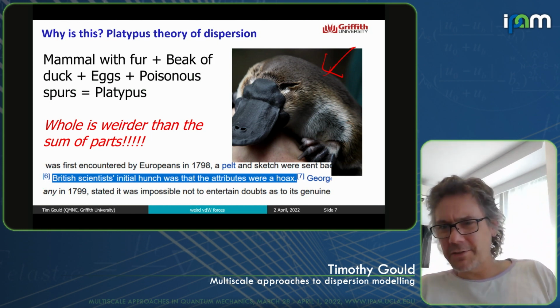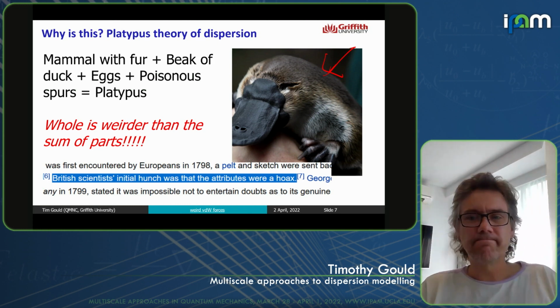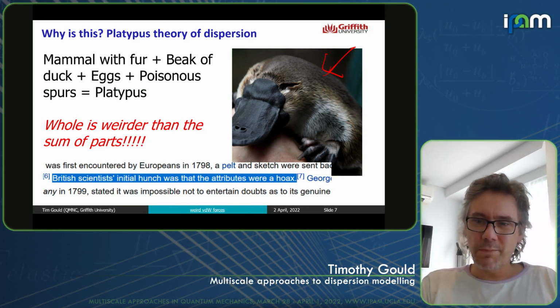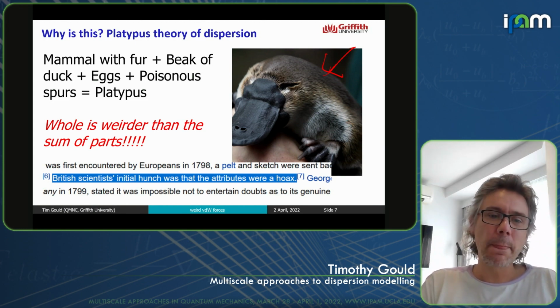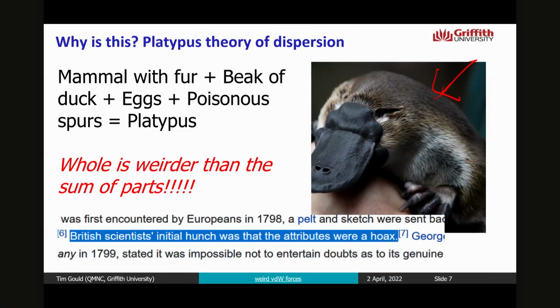Now we get to something extra strange. It lays eggs. That's strange, but there is a second mammal which lays eggs, an echidna. So we've got two. All right, we're still getting pretty weird. It's also got poisonous spurs, and as far as I know, it is unique amongst mammals for its ability. This is probably venomous.